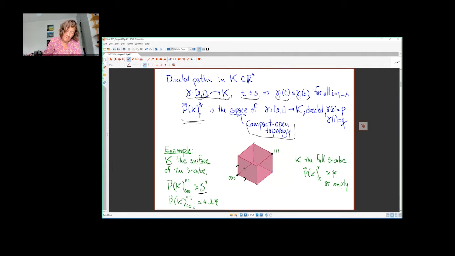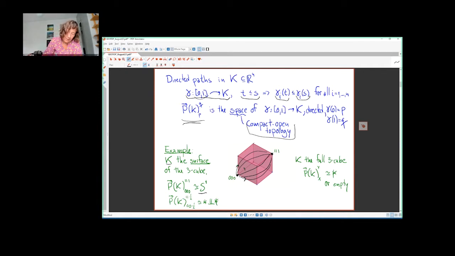Why is that? Paths can sort of go, if you draw it, it's like putting paths on a sphere, so you'll get an S1.